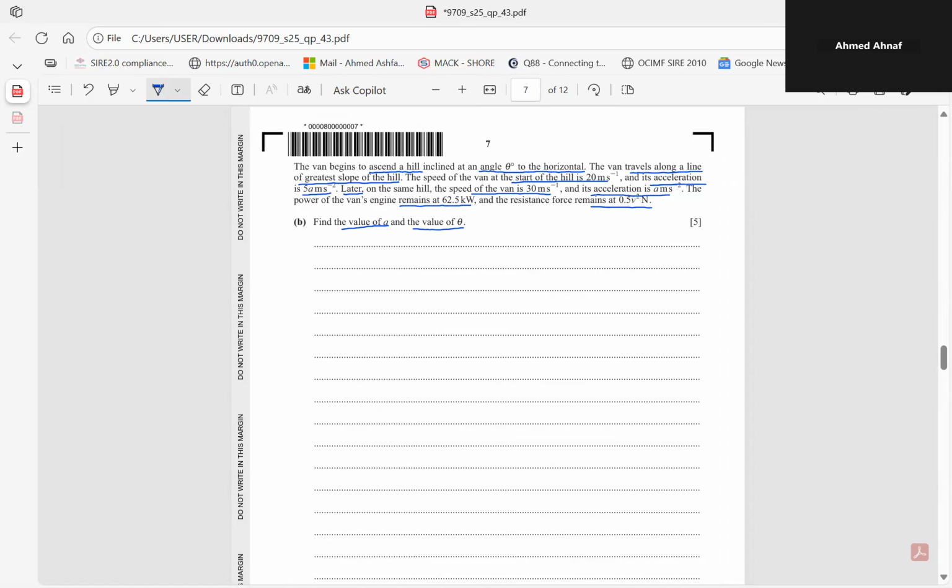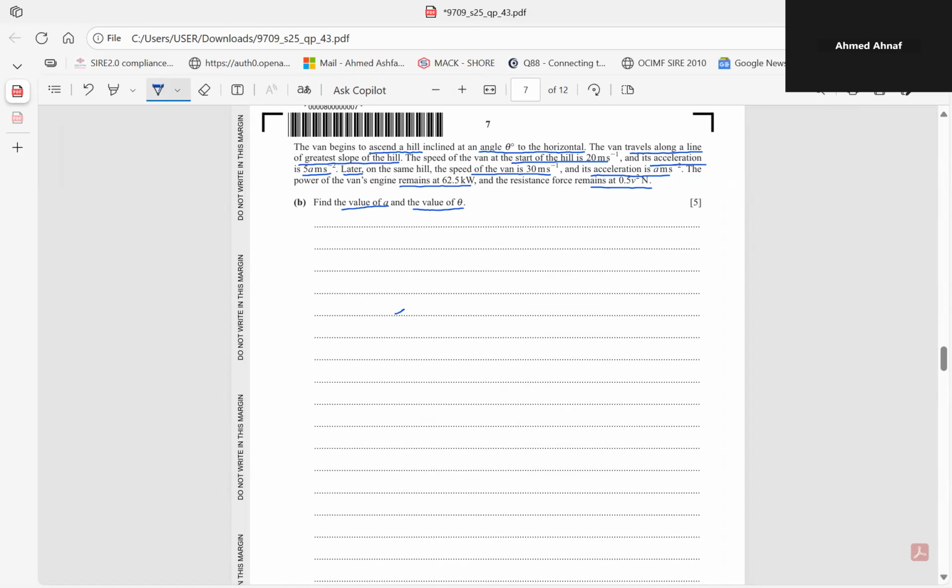All right, so to do this question, let's first draw a diagram. So this is our hill with the angle theta. And at the very beginning, like here, we're told that it's traveling at 20 meters per second, and the acceleration is 5 meters per second squared.